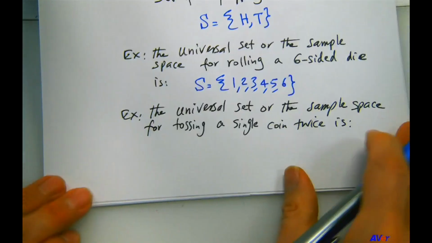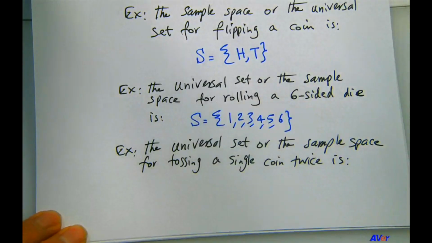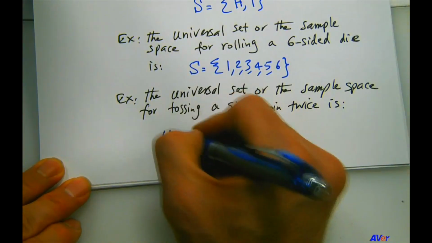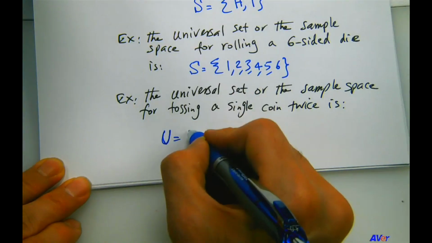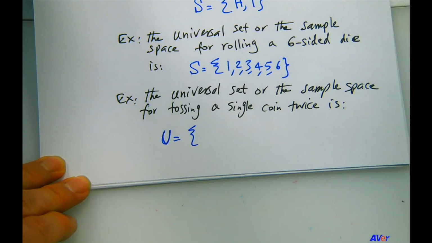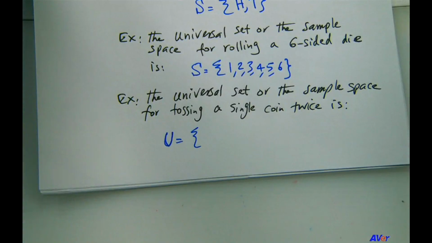And this time I called these last two examples S, but let me call this one U, to denote the universal set. So if you have a single coin that is tossed or flipped twice, then what are all possible outcomes?